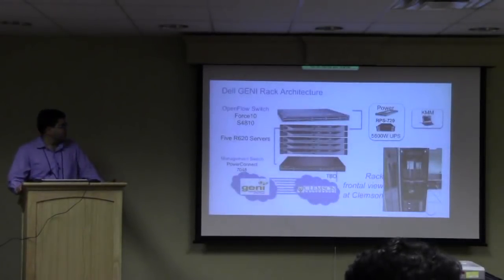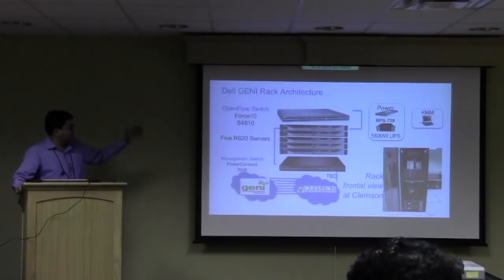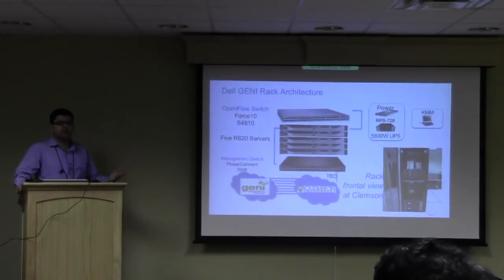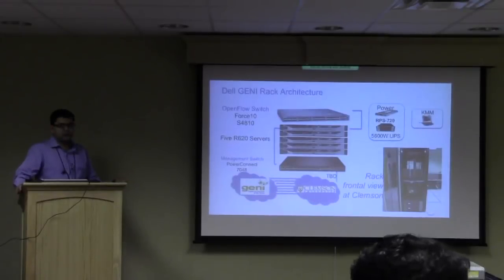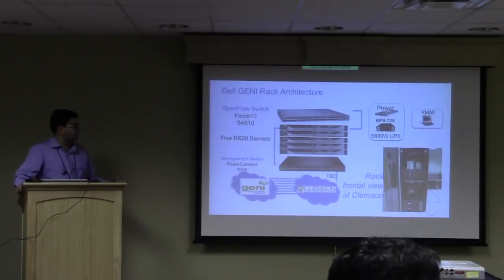So what does the rack look like? What we have is a top of the rack switch, the Dell S4810. It's a 48 port 10 gig switch with 4 40 gig ports for uplink, or if you want to break out into multiple 10 gig ports, you can do that as well. We have about 5 to 6 R620 servers.